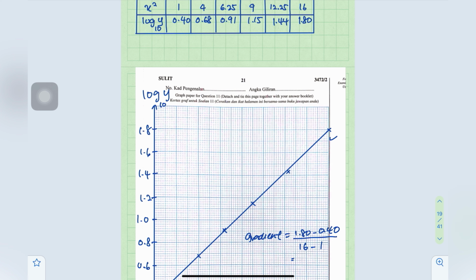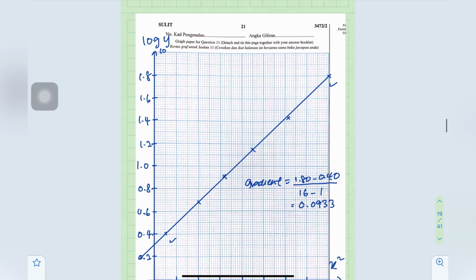Okay, this one equals to negative 0.0933. Okay, the y-intercept, which is equals to 0.3.